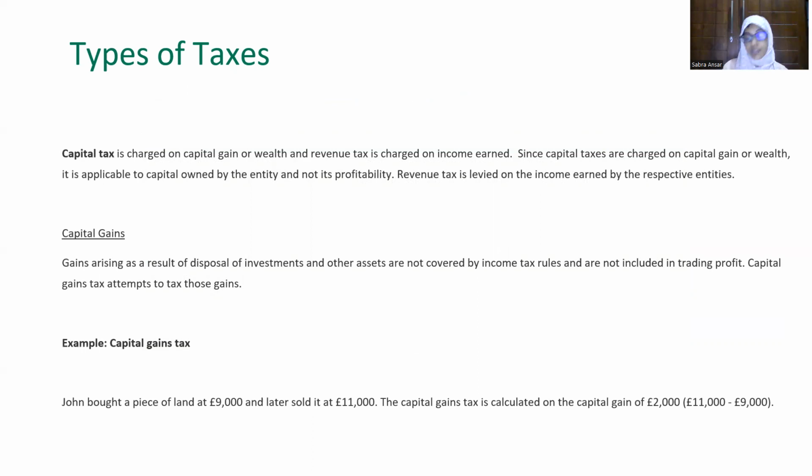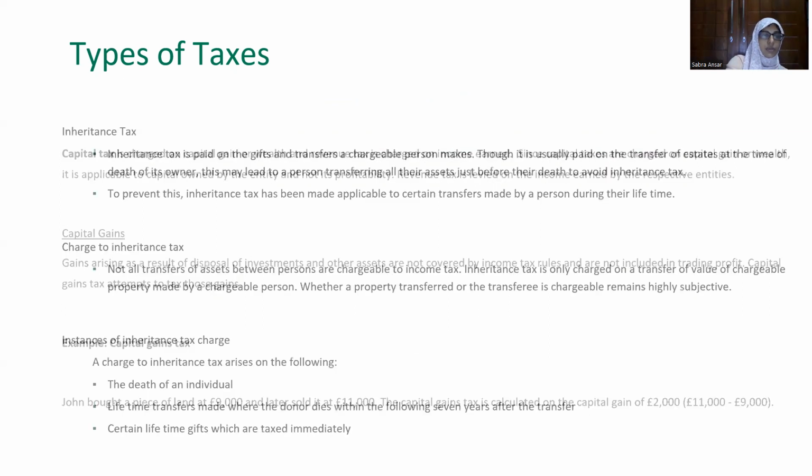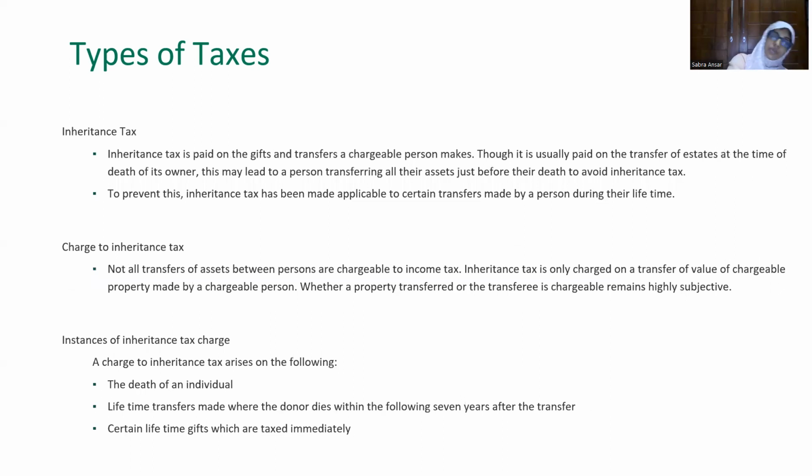We explained how capital gains is calculated. We used an example of a person buying land and how the capital gains tax applies. We also spoke about inheritance tax, how it is charged, and instances of inheritance tax charge.